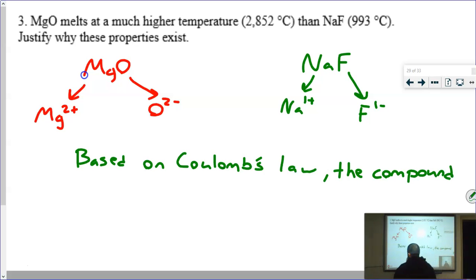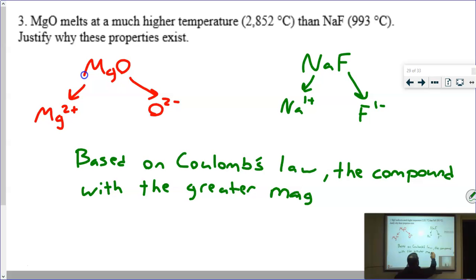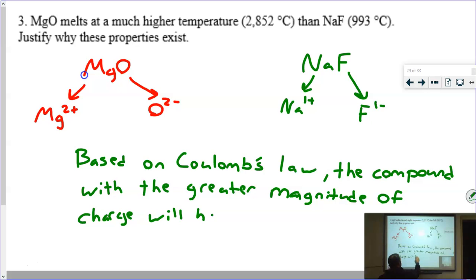the compound with the greater magnitude of charge will have a greater lattice energy.